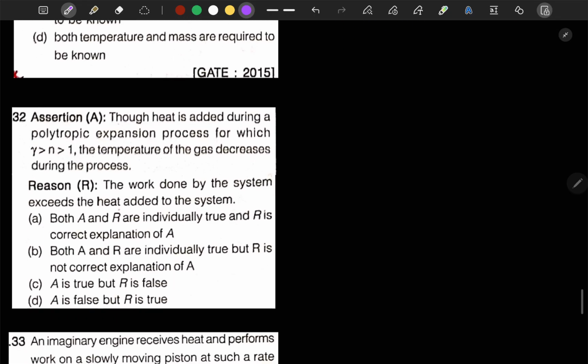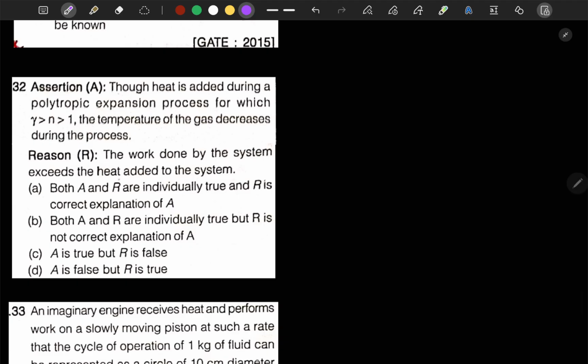Now for question number 32, though heat is added during a polytropic expansion process for which gamma is greater than n is greater than 1, the temperature of the gas decreases during the process. Okay, so let's draw the diagram for question number 32.